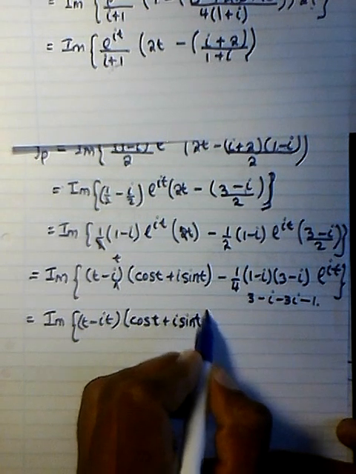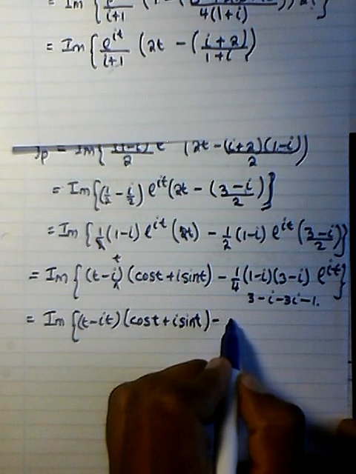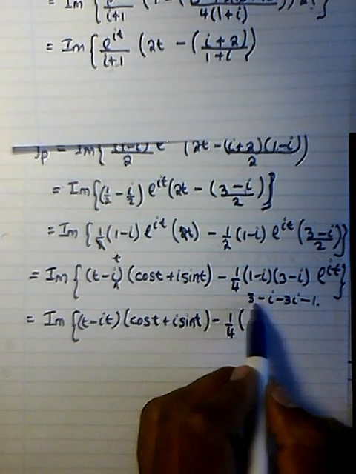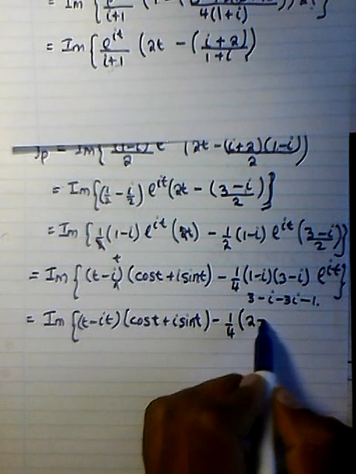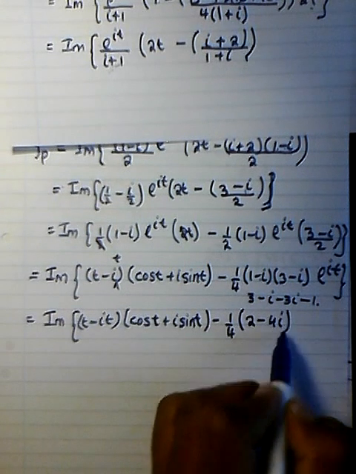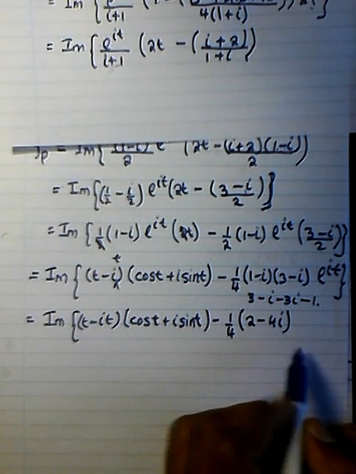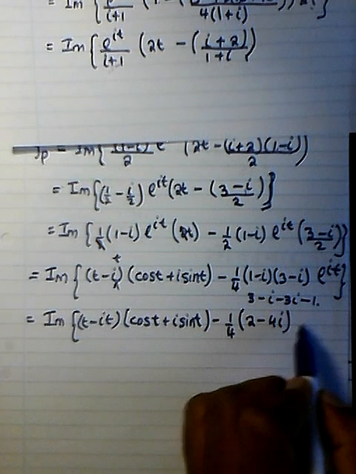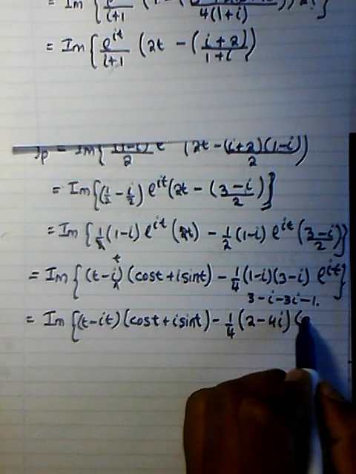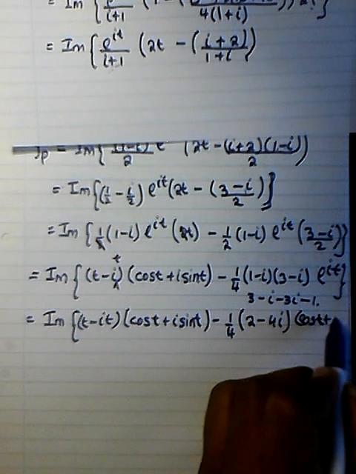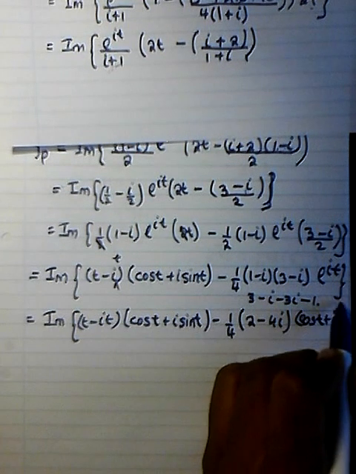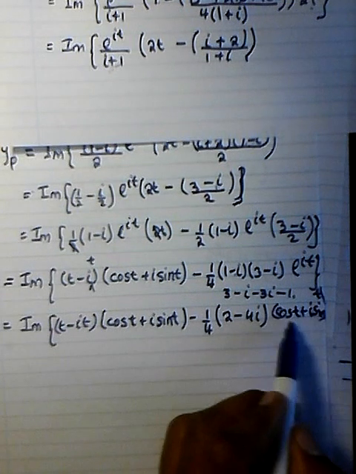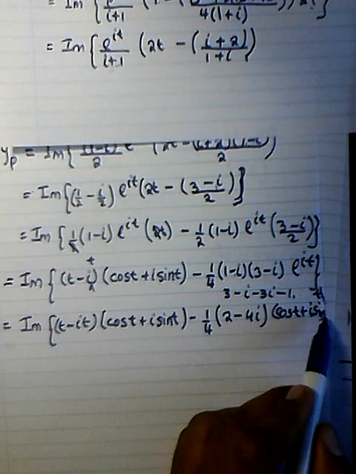Okay, and then we subtract 1/4 into 3 minus 1, we get 2 minus 4i, and this thing here is multiplied by cos of t plus i sine of t. Okay, sorry about this.